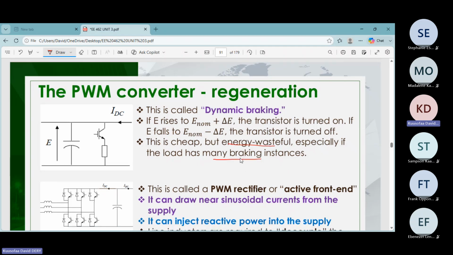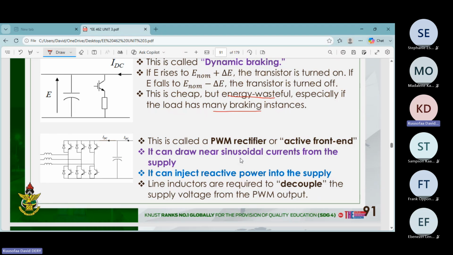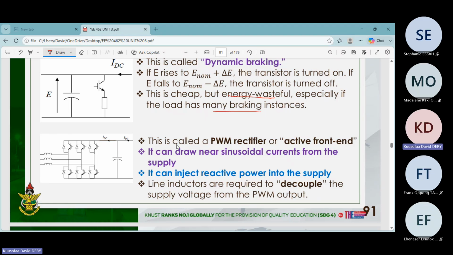So that is one way. The other way is to use a PWM rectifier. You change the diode rectifier to a PWM rectifier, which is basically like the inverter. This time around, it's allowing power to flow back to the supply. This is what we call the active rectifier, the PWM rectifier or the active front end. It draws sinusoidal current from the supply and can inject reactive power into the supply.